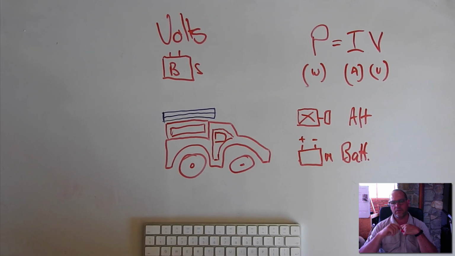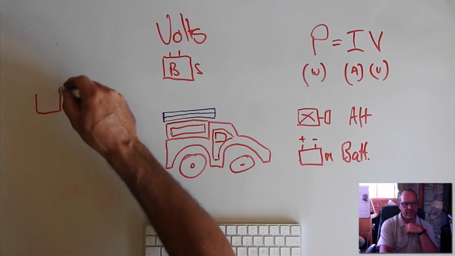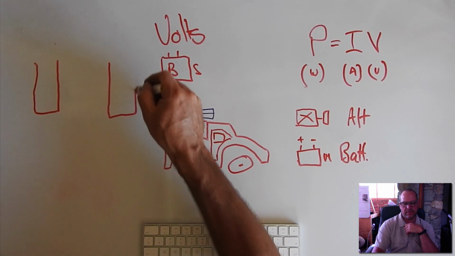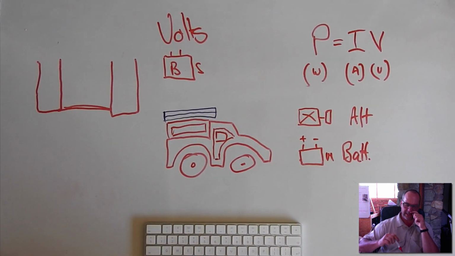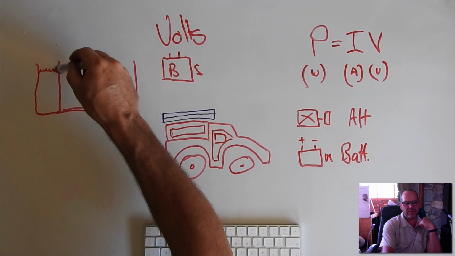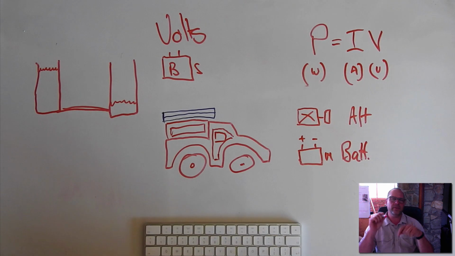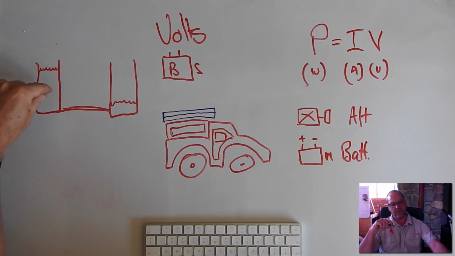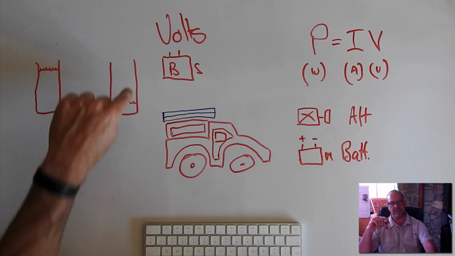The easiest way to explain volts is to say, if I have a bucket over here and I have another bucket over here and they are connected with a pipe at the bottom, then if the liquid level is high on the first one and low on the second one, the potential difference is big and the flow is a lot quicker from this side to that side.